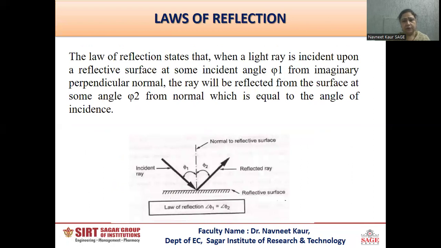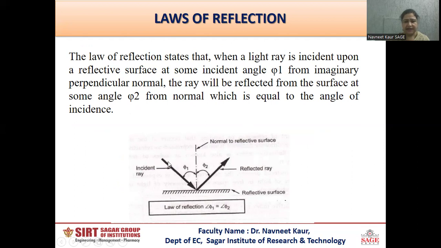To start with the ray theory, first we will study laws of reflection. We have already done laws of reflection in our previous classes. To recall these laws of reflection, suppose I have some mirror whose one surface is reflective and the other surface is coated.